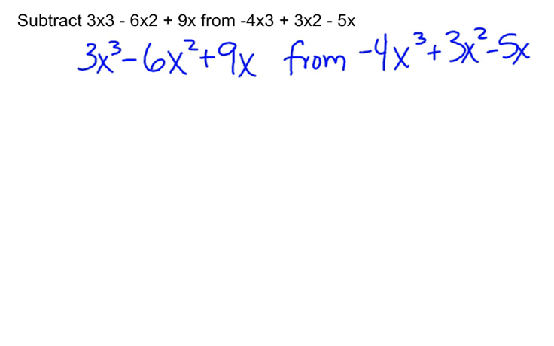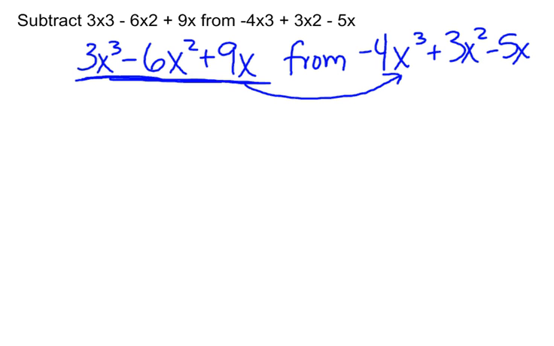So what is different about this problem is it says to subtract this right here from this. The way that this is stated, by saying to subtract the first one from the second one, they actually want the second one to go first.